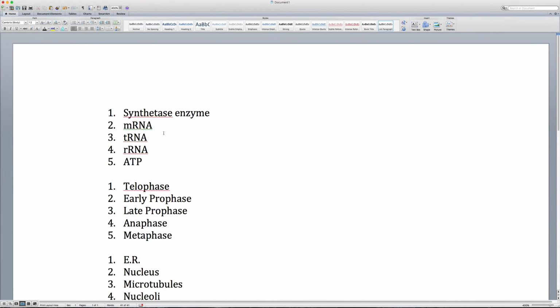Which one of these may be attached to the endoplasmic reticulum or found scattered in the cytoplasm? Which one of these provides the energy that's needed for synthesis reactions?